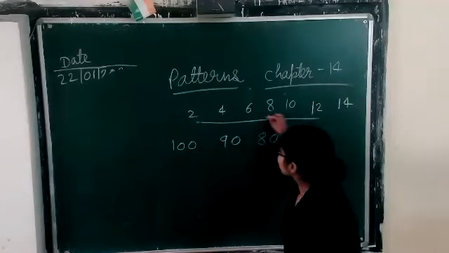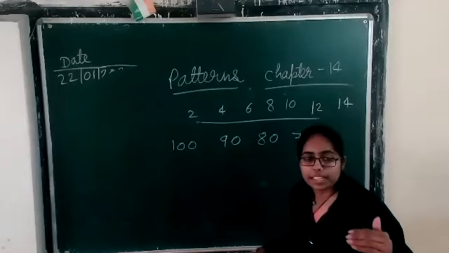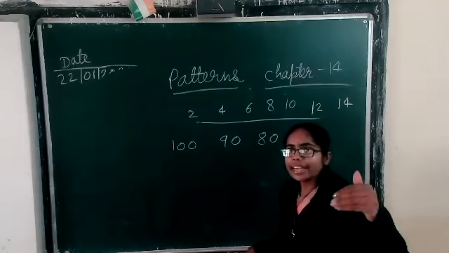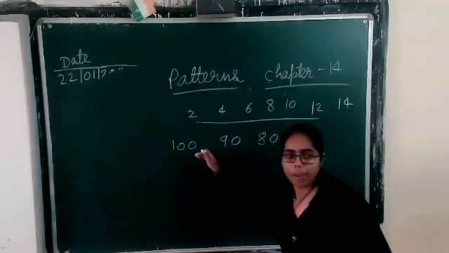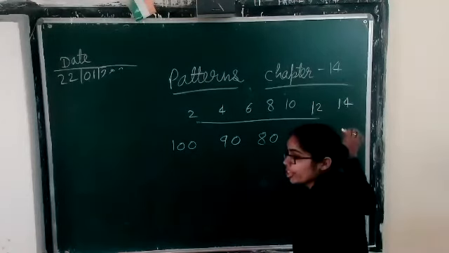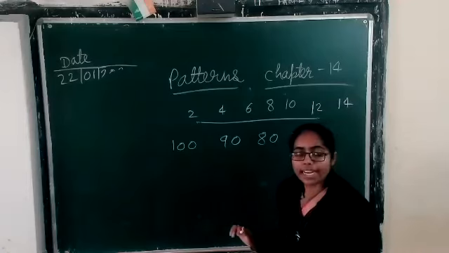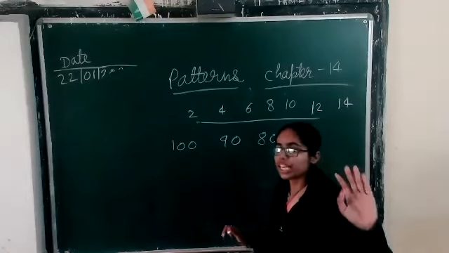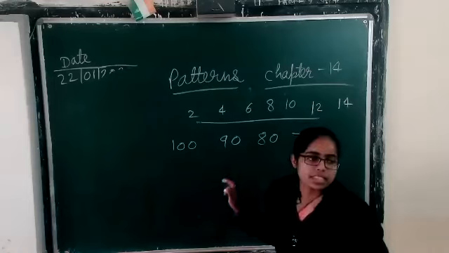So this is increasing pattern. Increasing pattern means we are adding and moving. Decreasing patterns, we are subtracting and moving. Okay. So the patterns can be of different type, either figure-like or number-like patterns.